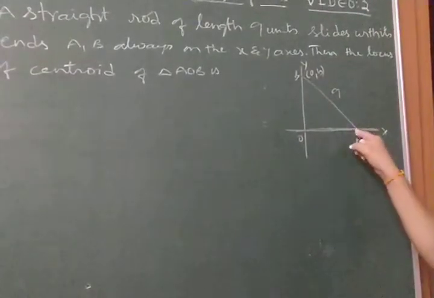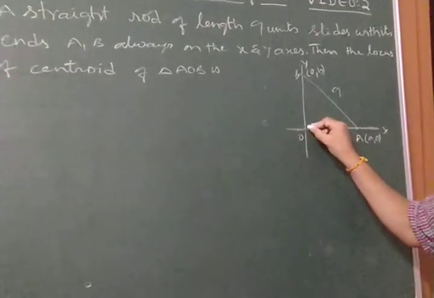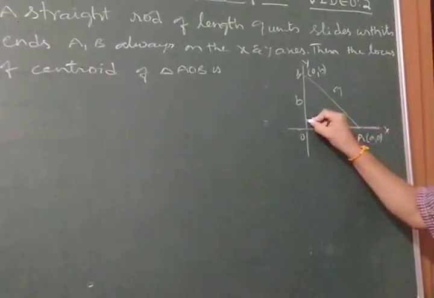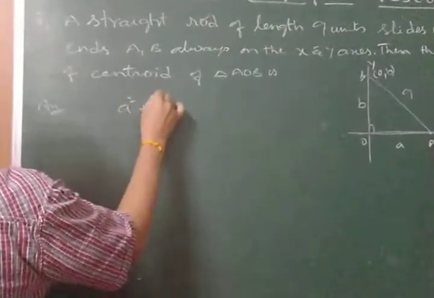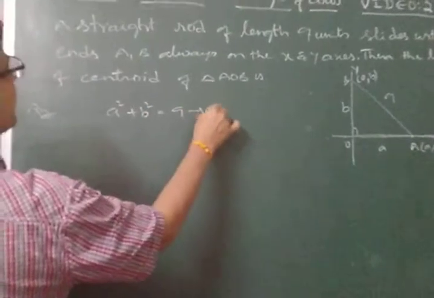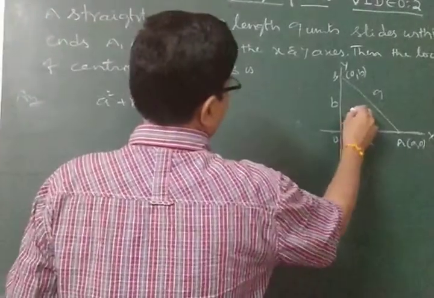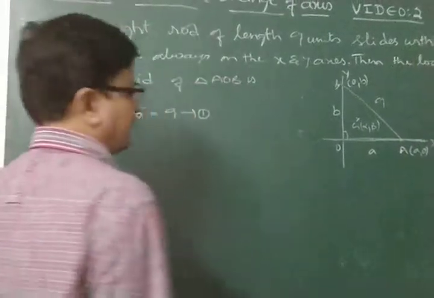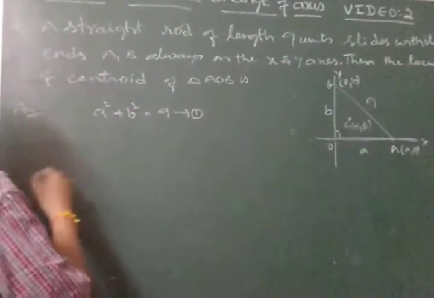Now the distance from the origin to point A is small a and the distance from the origin to point B is small b. Now it is a right angled triangle. From this right angled triangle, a² plus b² is equal to 9². We take it as the first equation. And let G(alpha, beta) be the centroid of the triangle OAB.